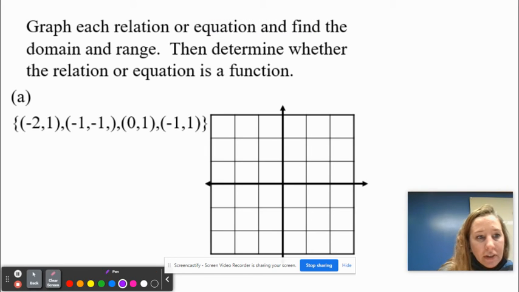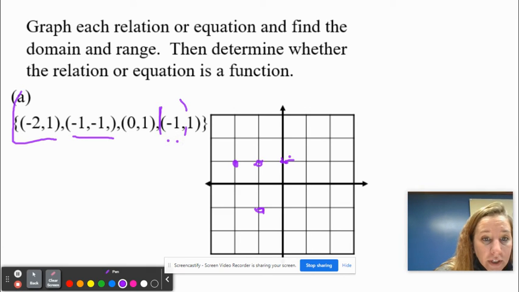All right, so now we're going to graph this. So -2, 1 goes here. -1, -1 goes here. 0, 1 goes here. -1, +1 goes here. If you take a look, we can see just from looking at the points that these have repeated themselves.